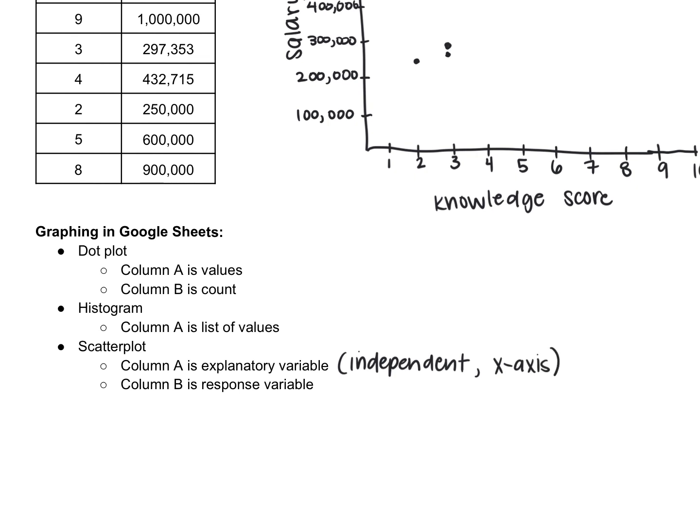And then your column B is your response variable, which is your dependent variable, and it's whatever you want on your y-axis. Again, I'll go over how to do each of these in class on how to create these in Sheets. But otherwise, just let me know if you have any questions about creating any of these graphs by hand, or how we label our x and y axes.